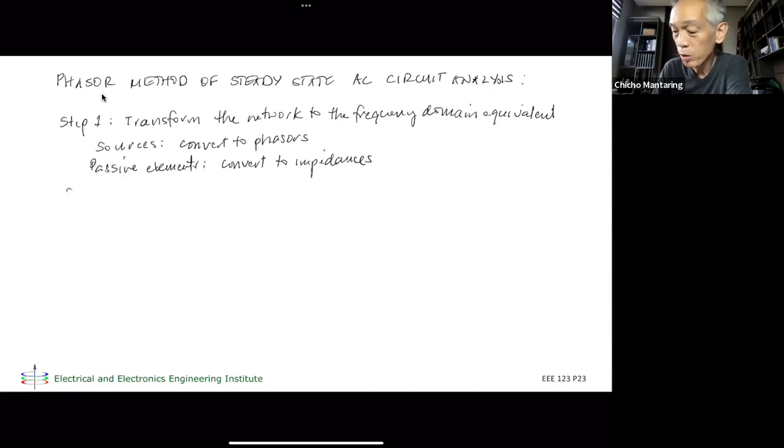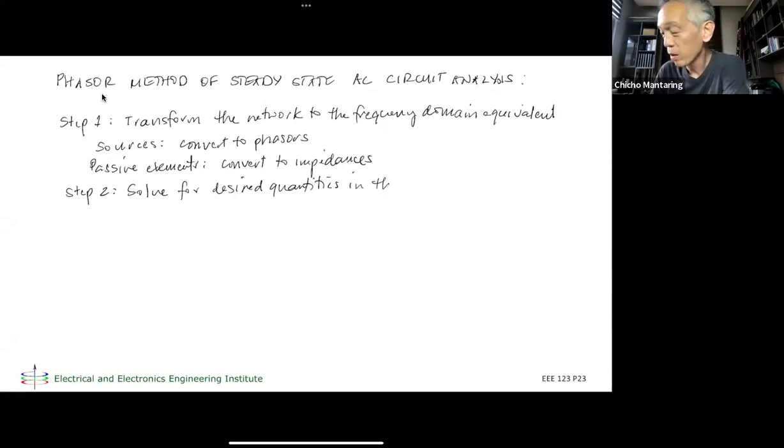Okay, and then step 2, you solve for the desired quantities in the frequency domain. And you're going to notice, or you probably already know, that solving for these quantities, puro algebraic, all the manipulations are algebraic.